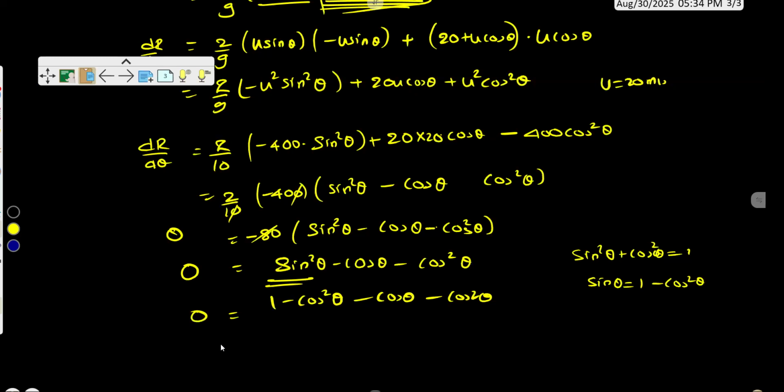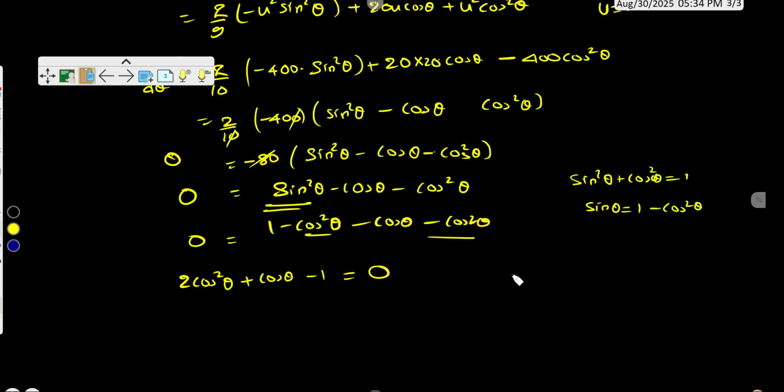Sending everything to one side, that would be minus 2 cos square theta minus cos theta plus 1 is equal to 0. This is our quadratic equation. Let cos theta be equal to x, then it becomes 2x square plus x minus 1 is equal to 0. Then we have to factorize this equation.